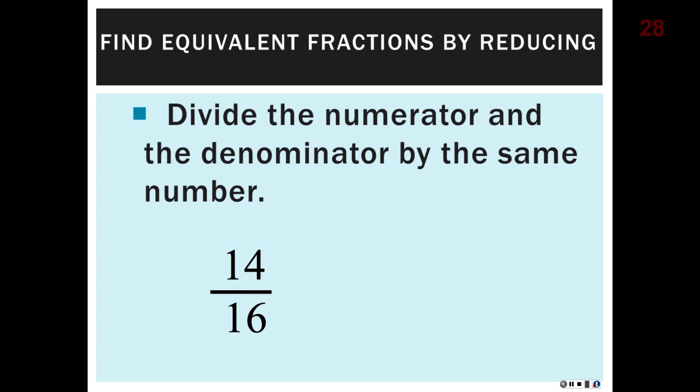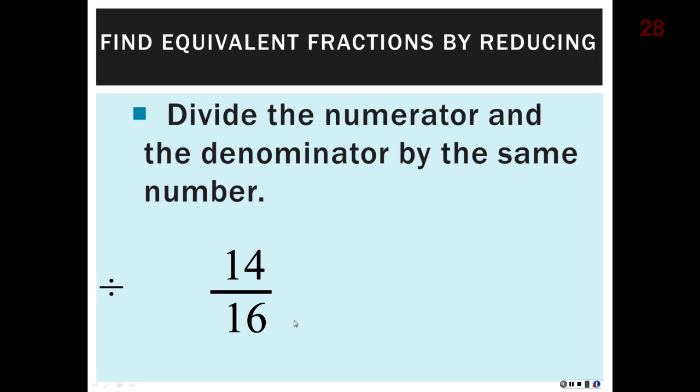So in this example, I have the fraction 14 over 16. What number goes into both 14 and 16 evenly where there's nothing left over? 2. So I need to divide both of these by 2 in order to make an equivalent fraction that's reduced.